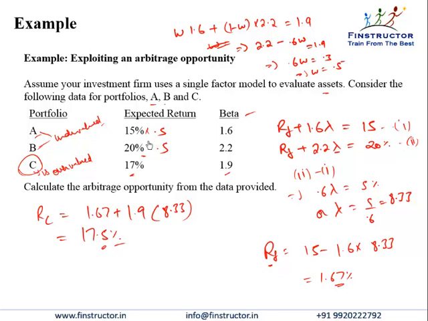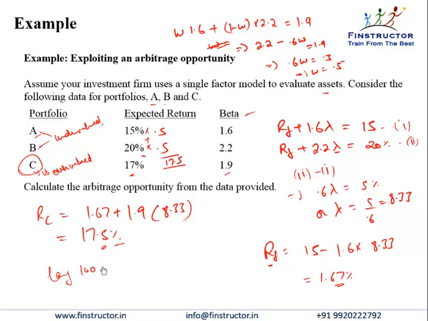And let's see what is the return that this portfolio is expected to give us. 0.5 into 15 plus 0.5 into 20, that is 7.5 plus 10, that is equal to 17.5. So we can long a 1.9 risk portfolio.